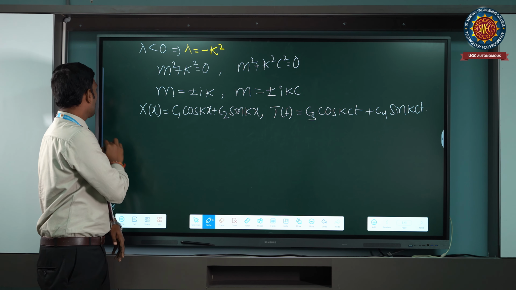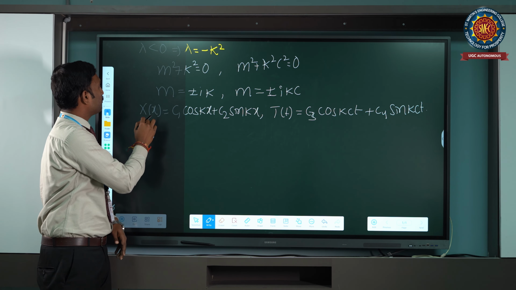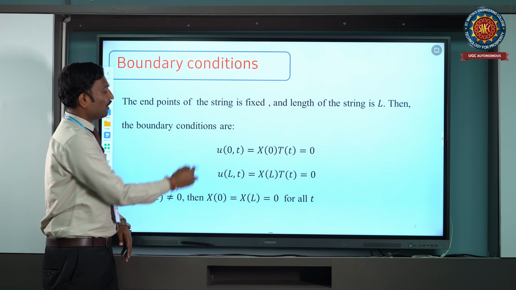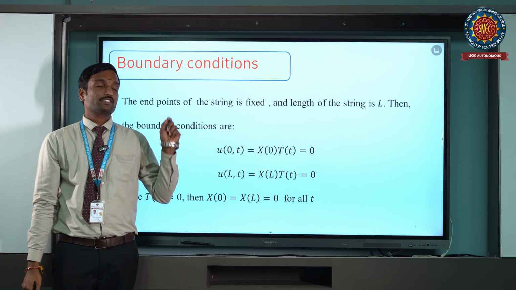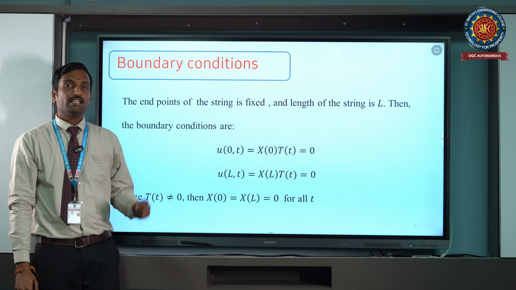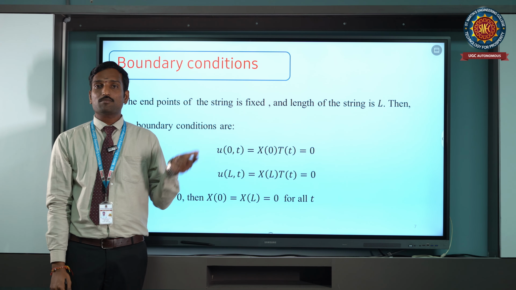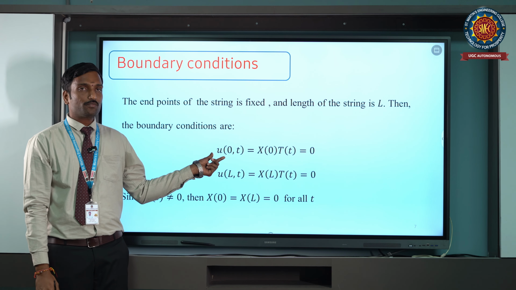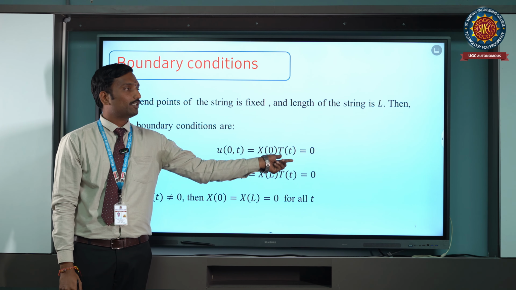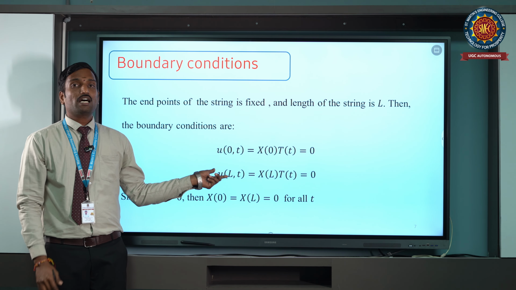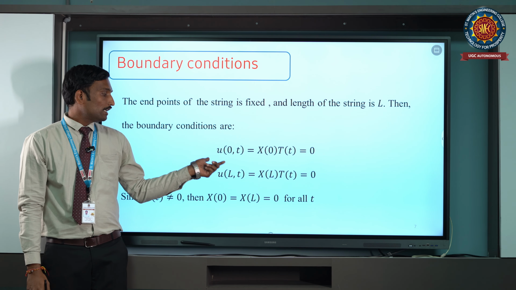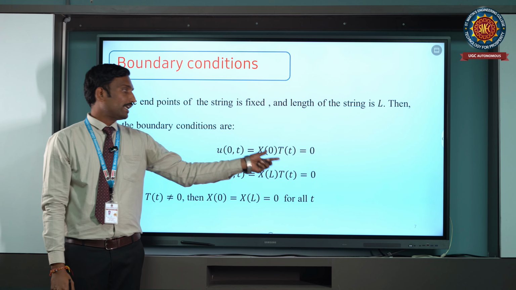Here for the stretched string, we can get the boundary conditions. The string is stretched with a fixed length, that is 0 and L. At 0 the displacement becomes 0 because it is fixed at the end 0, then X(0) into T(t) equals 0, and the other end is L. At that position also the string is fixed, so the displacement again is 0.